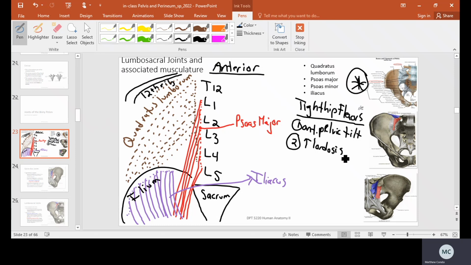In terms of the psoas major being a lumbar stabilizer, it can be if you are co-contracting with other musculature. And this is where stabilization gets really sticky. I can't contract one muscle and create stabilization.